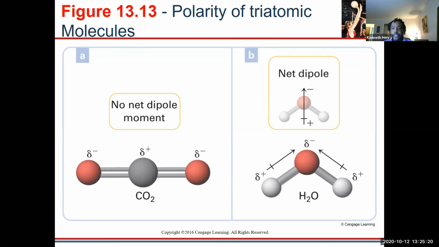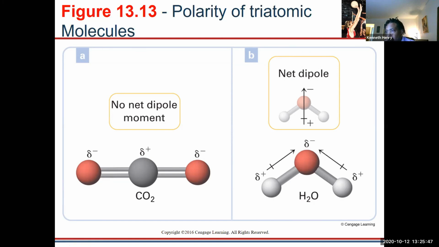So the bond polarity, Steve. Would it be, for the CO2, right? So the bond polarity between the carbon and the oxygen.